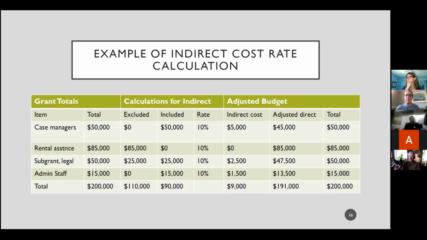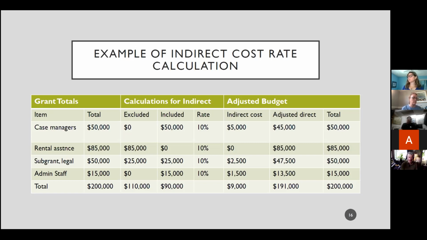That means we've got $45,000 left over with which to pay the case managers, and the $5,000 we can claim as our indirect costs. Remember, if you have to pay that full $50,000 to your case manager, you can't take that $5,000 off for your indirect costs. But if you do have room in the budget, you can pay $45,000 to the case manager and $5,000 as your indirect cost rate on that.